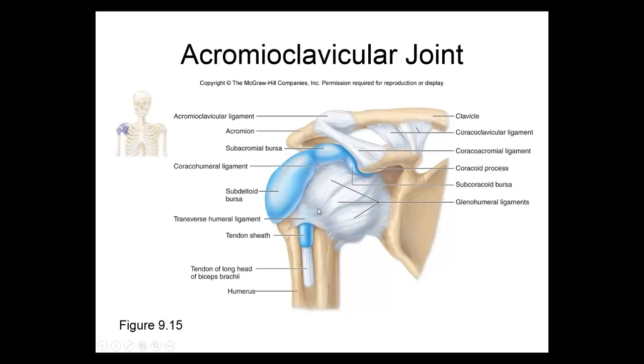The upward displacement of your humerus is not going to be allowed because of the presence of this. This will prevent the humerus from sliding in that direction in between the coracoid process and the acromion. So this is important for your shoulder joint, even though it doesn't bind itself into the humerus.